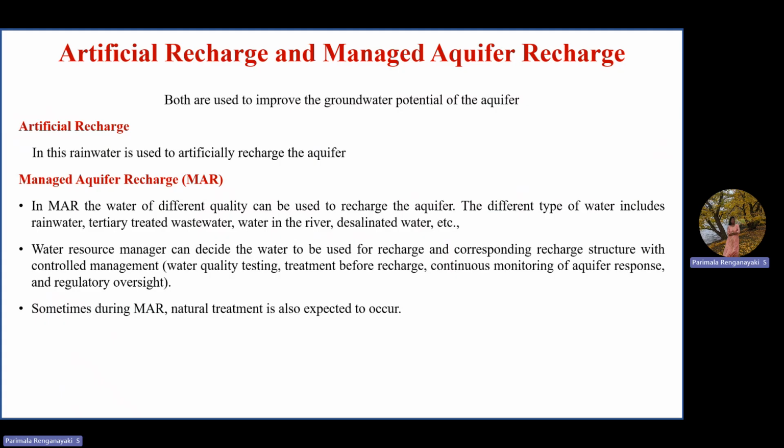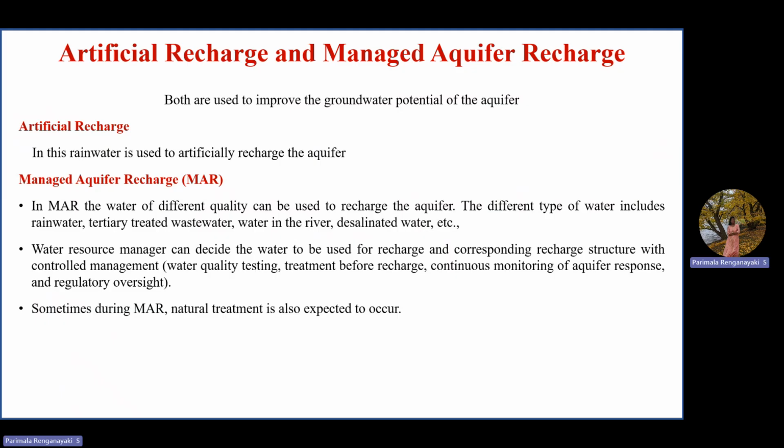The different types of water include rainwater, tertiary treated water, water in the river, or desalinated water. Any water can be used for the recharge. When we say different quality, the rainwater will have one quality, tertiary treated wastewater has a different quality. That is what we are telling here.